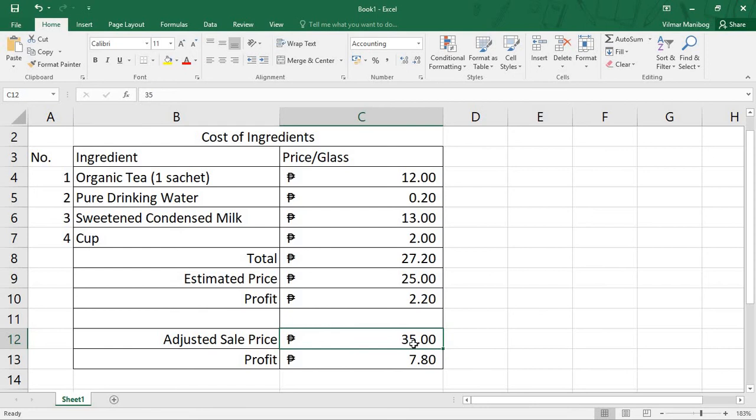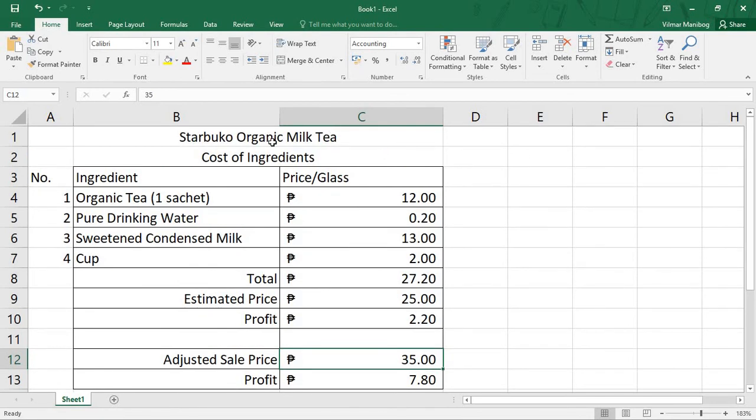Of course, you can change the price into 30 pesos, for there are lots of competitors around you selling the same product as you. Sabi natin milk tea, maraming nagkalat na milk tea dyan. Of course, competition is not avoidable. Hindi natin maiwasan yung competition.